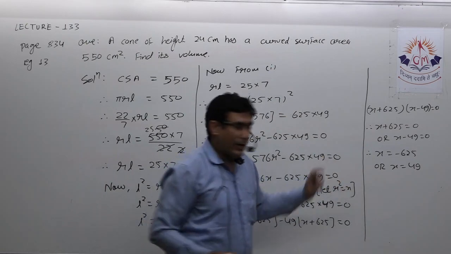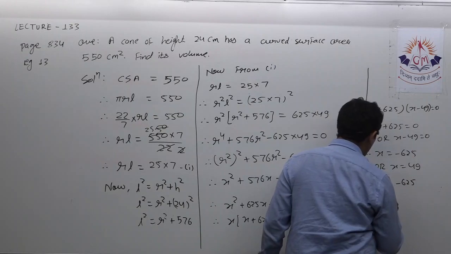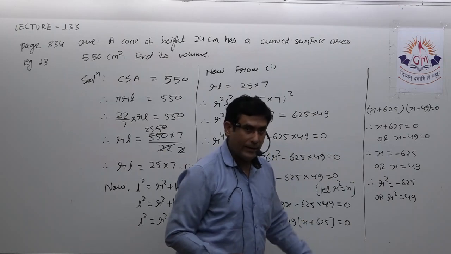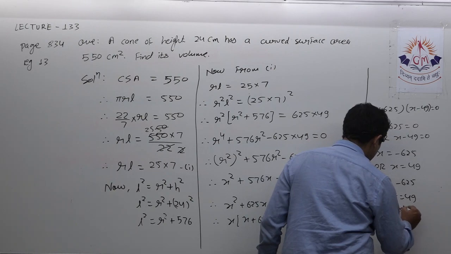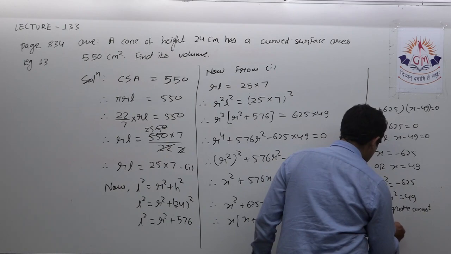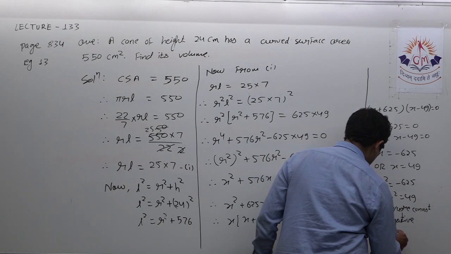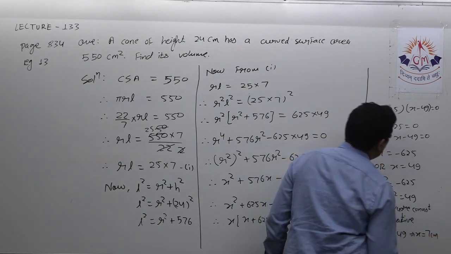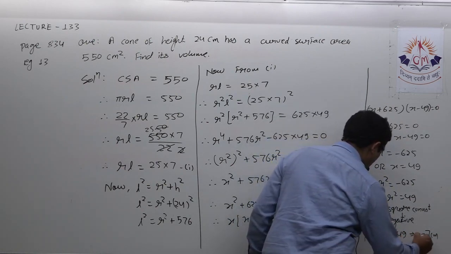Now x is actually r square. Therefore r square is equal to minus 625 or r square is equal to 49. Now square cannot be negative. Therefore r square is equal to 49, so r is equal to 7.